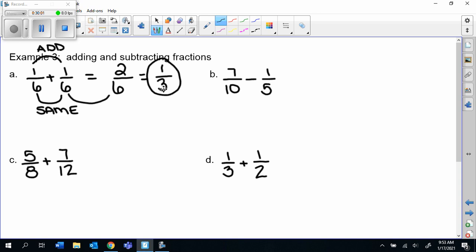All right, so that's the idea behind adding. For the rest of our examples, you can tell that I chose not to have common denominators. So we need to find what's called the lowest common multiple, aka the common denominator.